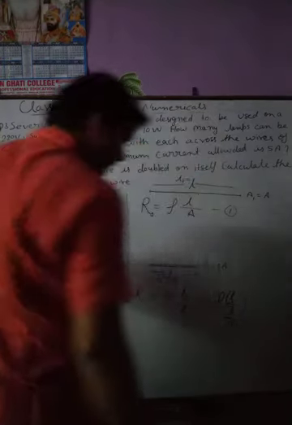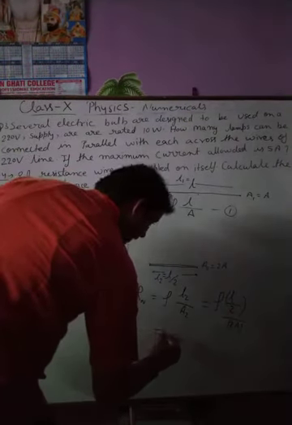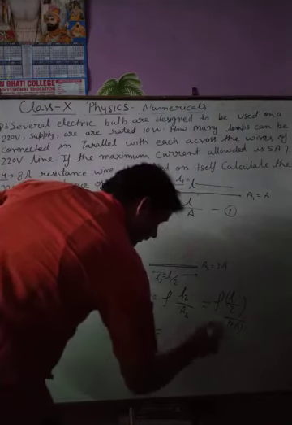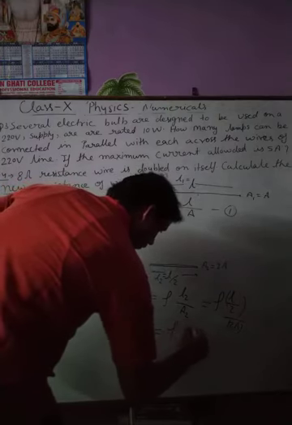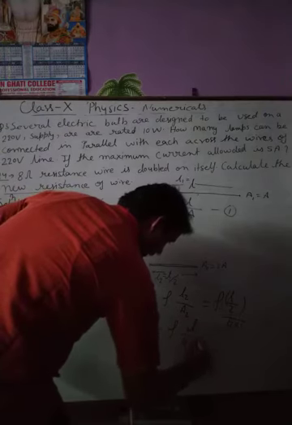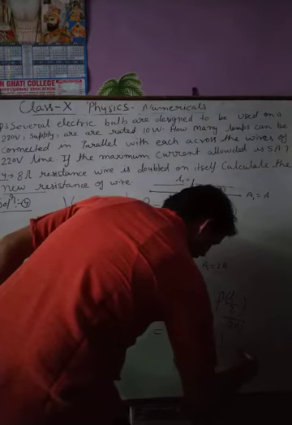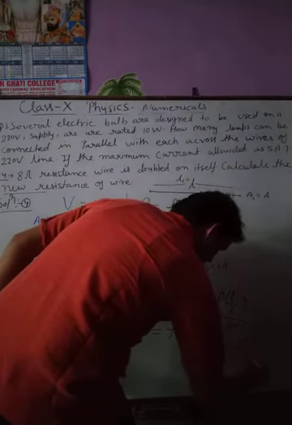Clear students? Now we have rho L upon 2 into 2, that is 4A. It will be written as 1/4 rho L upon A.